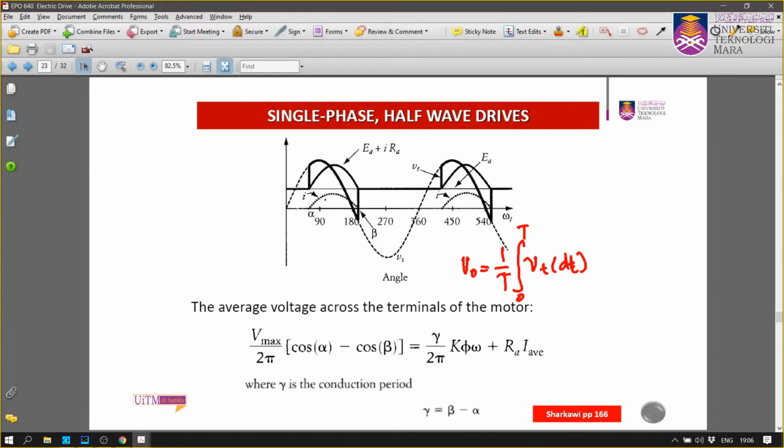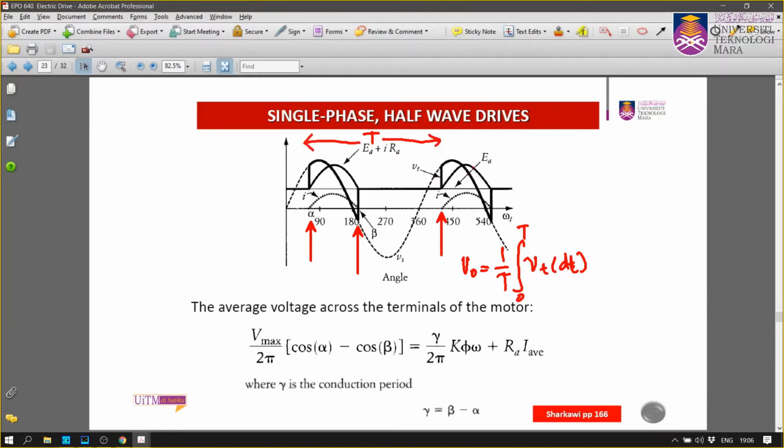You can start from there until there, and then you end. This will be your one complete cycle. So your T is from there to there. You can start from there to there.